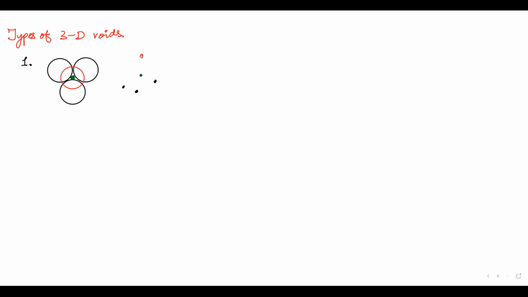Now you connect them. I'm connecting all of them to the void with lines.